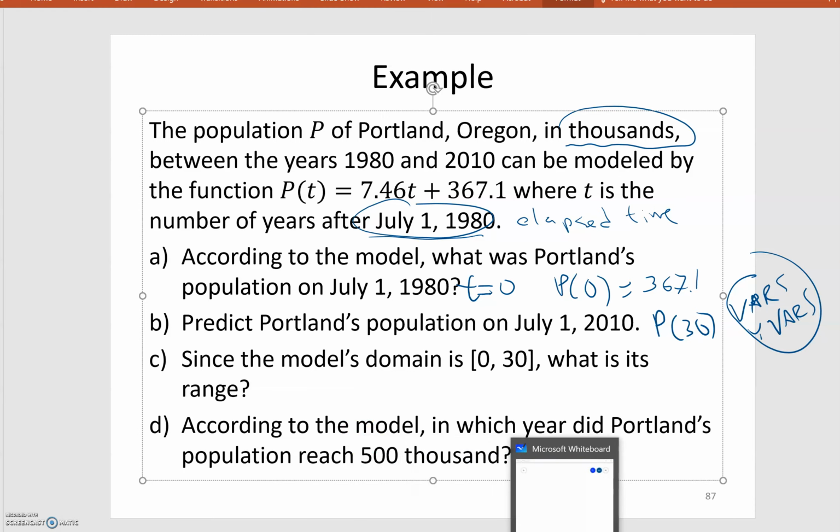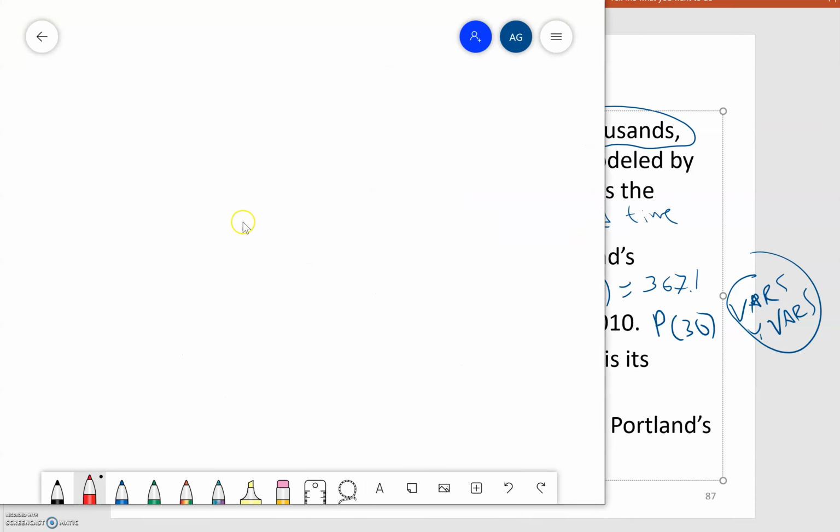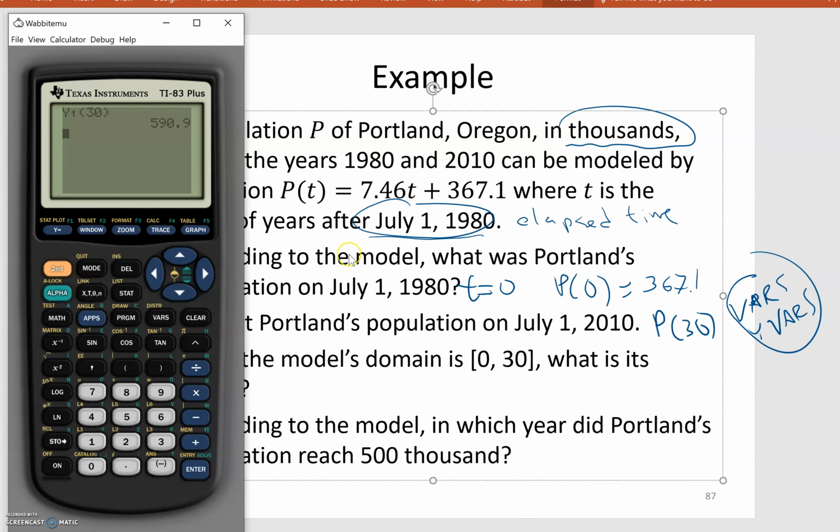we can use a little trick here. Actually, let me just graph this since I have my calculator. Let me change my window to be 0 to 30, and then we'll do zoom fit.